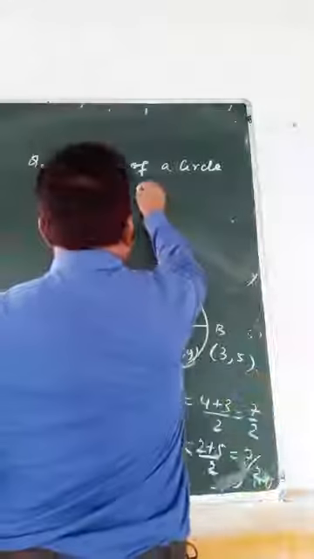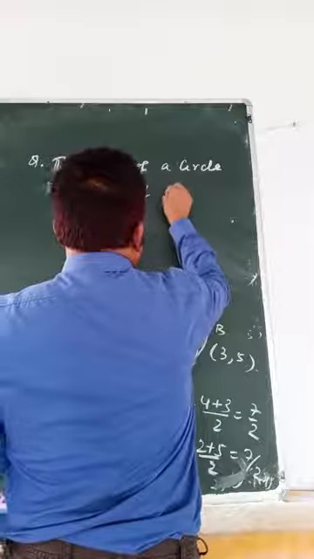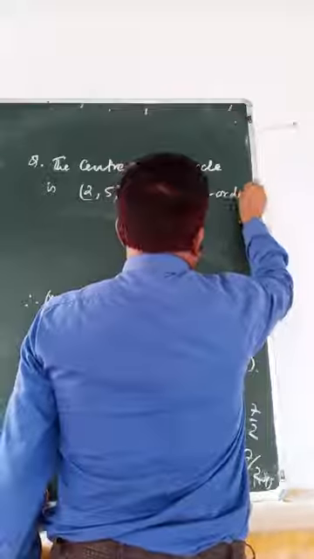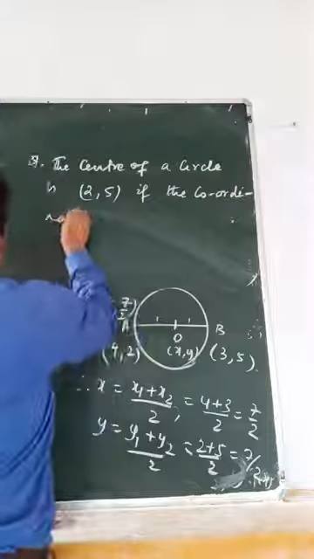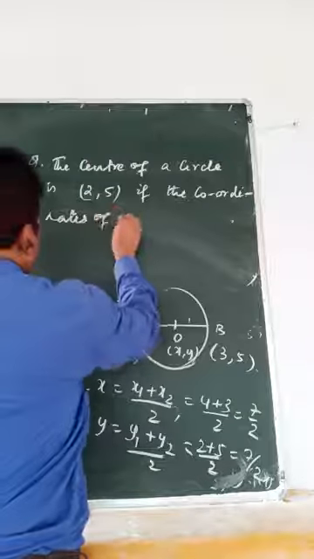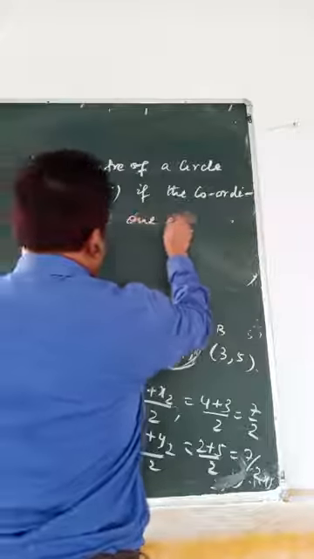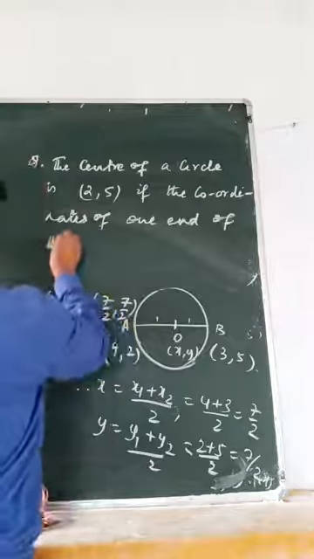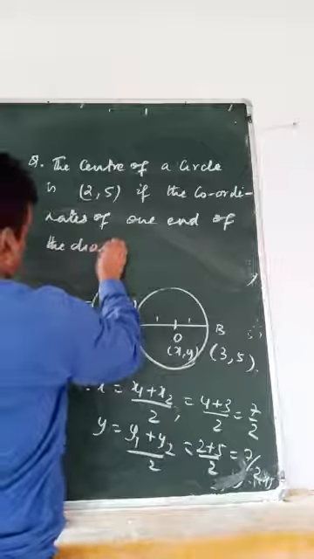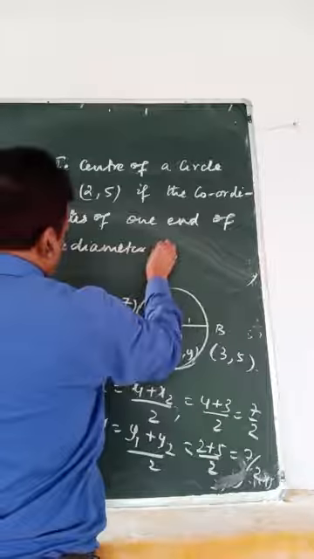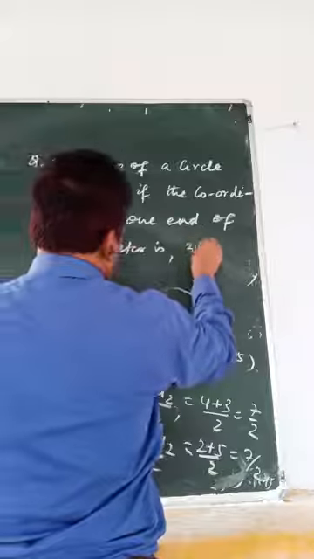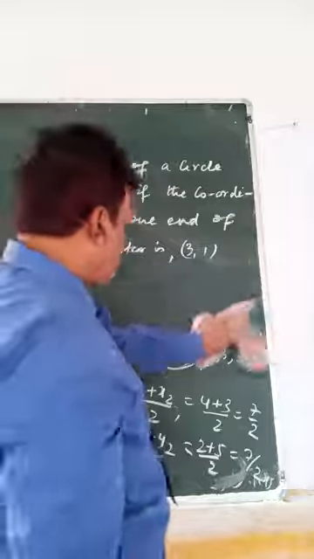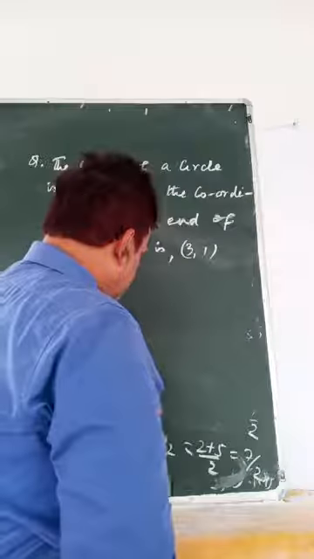If the coordinates of one end of the diameter is (3, 1), find the coordinates of the other end of the diameter.